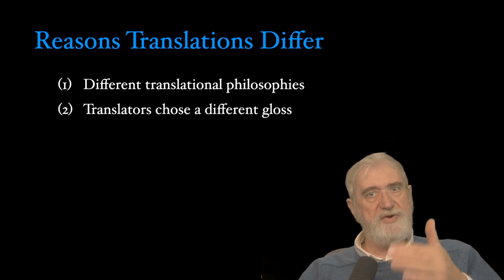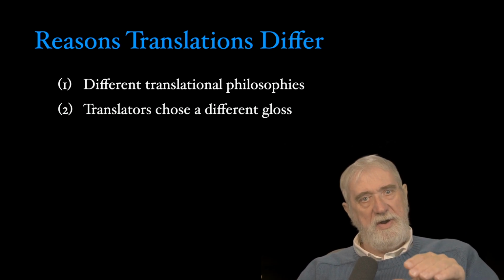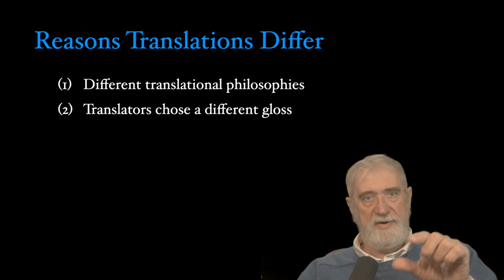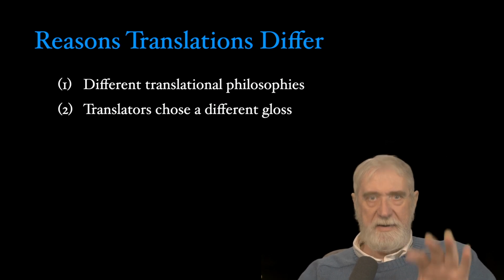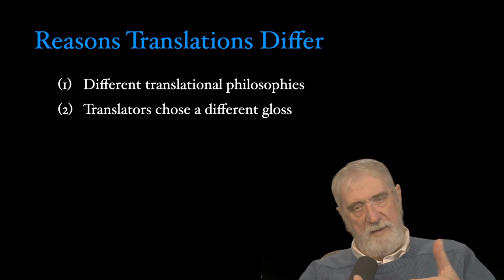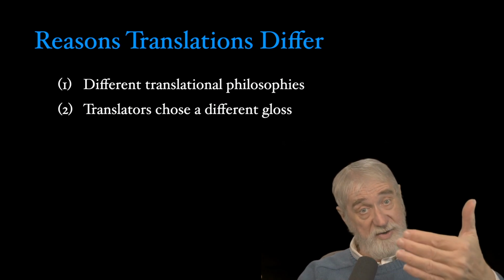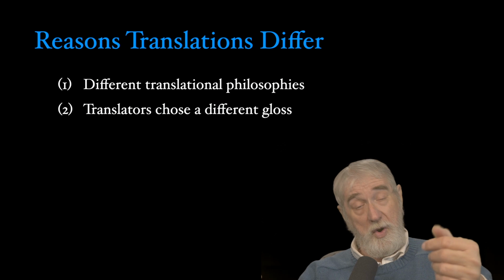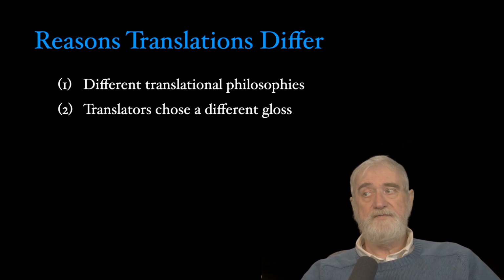That is, they choose a different word in the English text to reflect a word in the original text, the Greek or Hebrew of the Bible. And again, we talked about that a little bit in the previous session about the question of whether one chooses an etymologically driven word or whether one chooses a significance driven gloss.